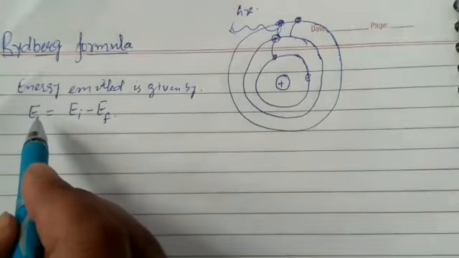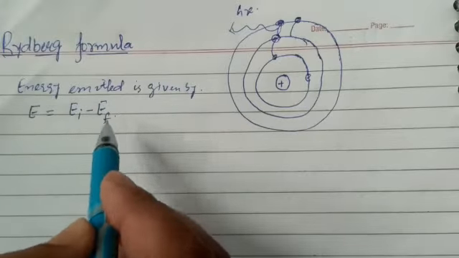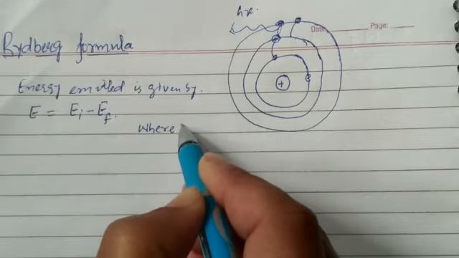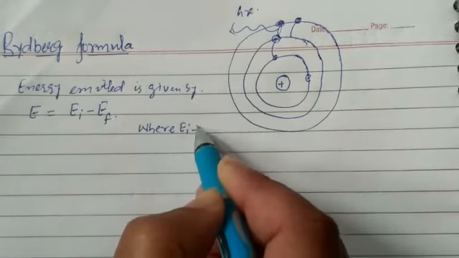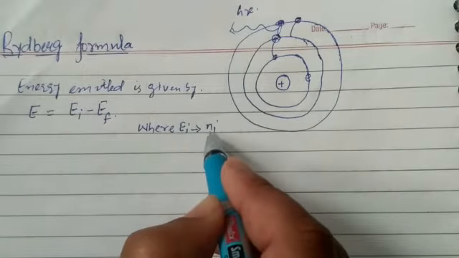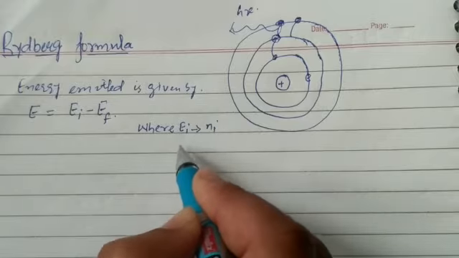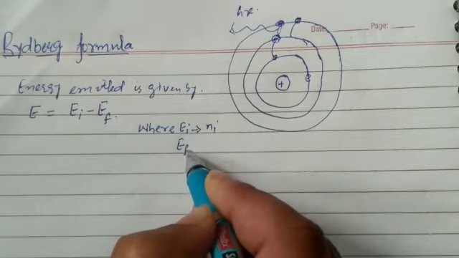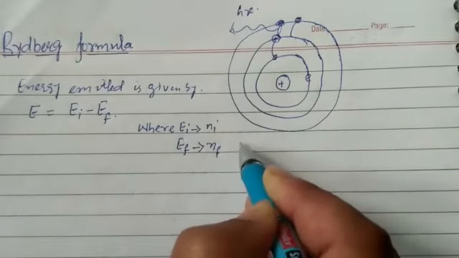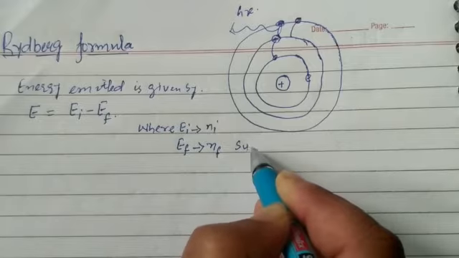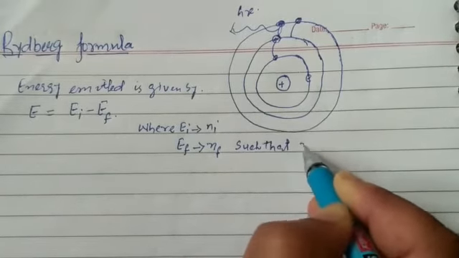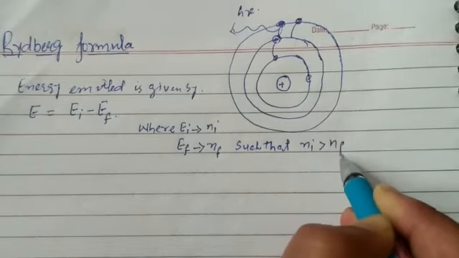So I write E equals to Ei minus Ef, where Ei is the energy associated with the principal quantum number ni, and Ef is the energy associated with the energy level for which the principal quantum number is nf, such that ni is greater than nf.